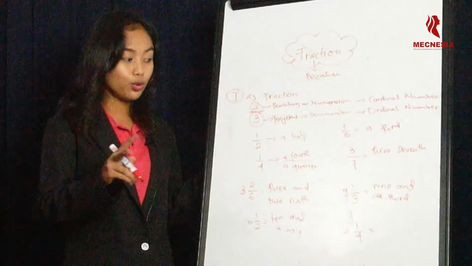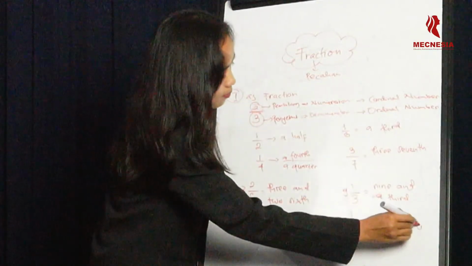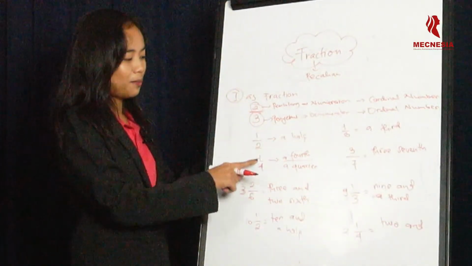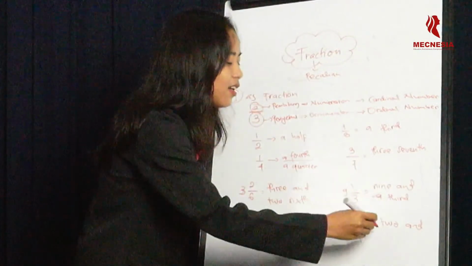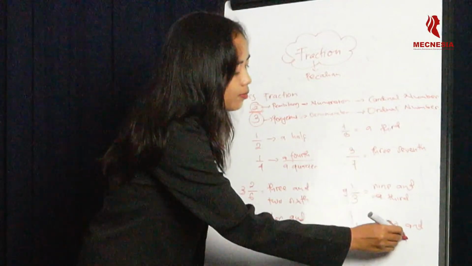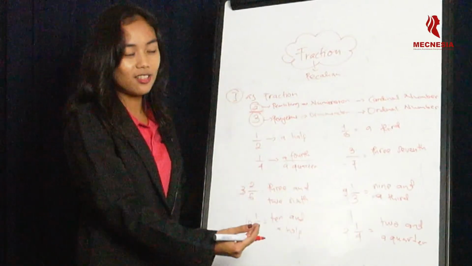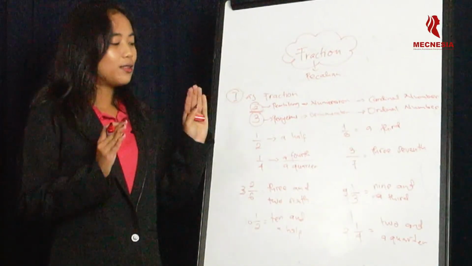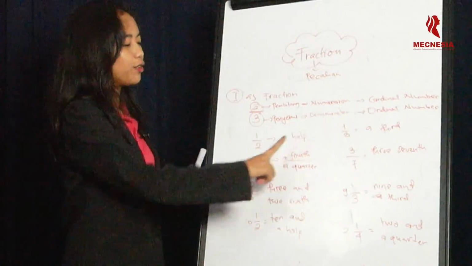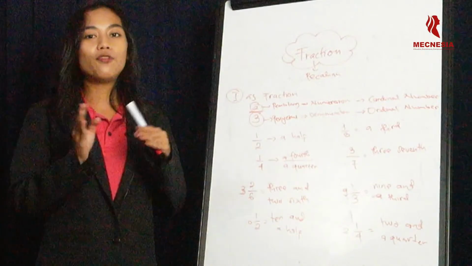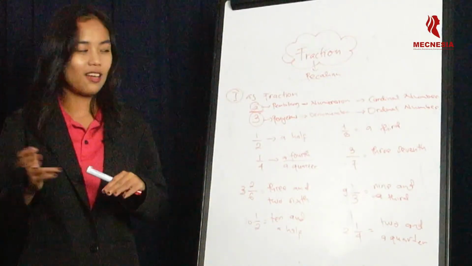Berarti 2 and 1/4, boleh a fourth or a quarter. Kita pakai a quarter aja deh. A quarter. So it's 2 and a quarter. Once again, 2 and a quarter. Kita coba pakai a fourth juga. 2 and a fourth. Once again, 2 and a fourth.